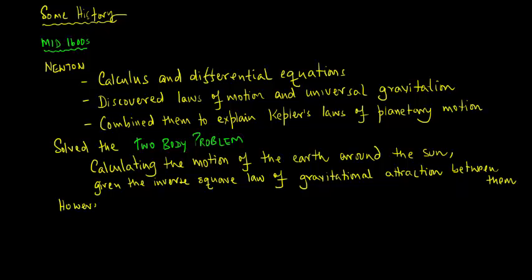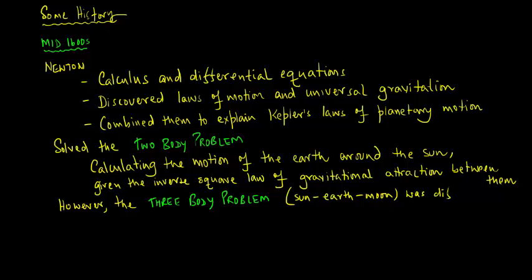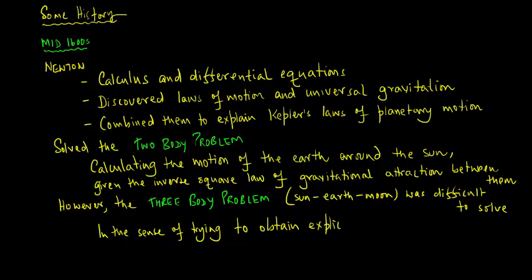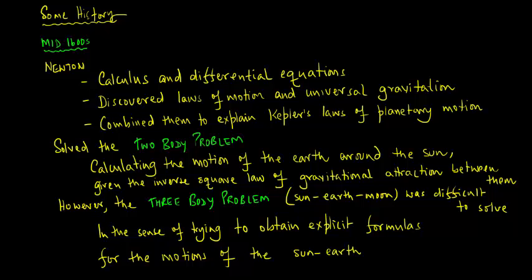Now what proved to be rather difficult was the three-body problem. That is the problem of the Sun, the Earth and the Moon. This turned out to be a very difficult problem to solve, in the sense of trying to obtain explicit formulas for the motions of the Sun, the Earth and the Moon.